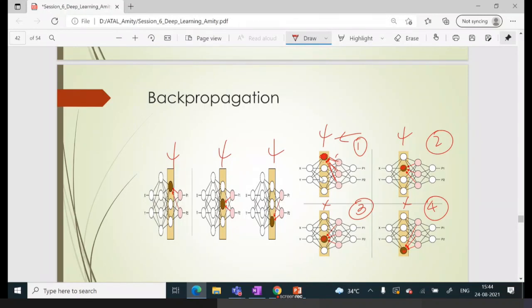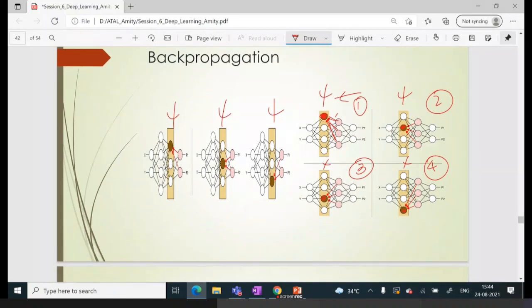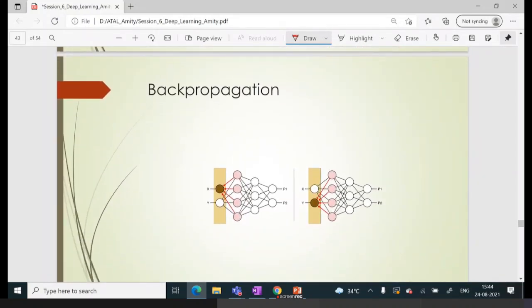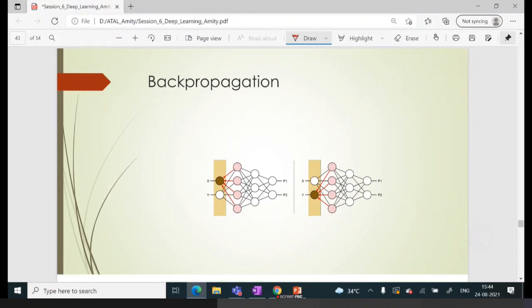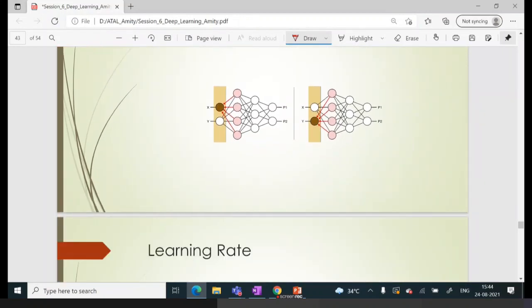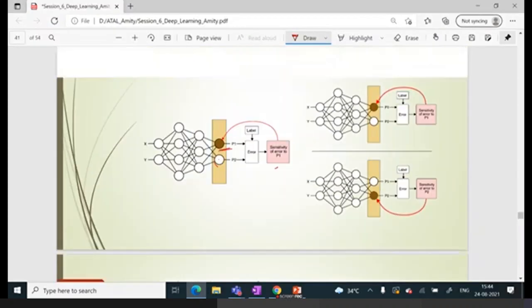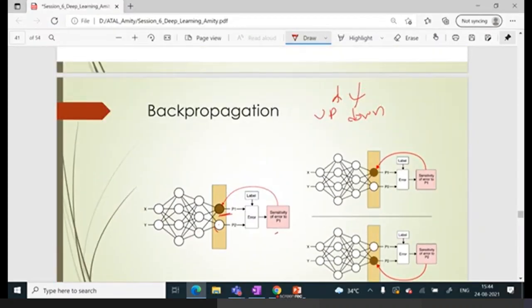We can use GPUs and get good results in terms of time also by allowing parallel processing of these processes. And finally, the information regarding error will also reach the neurons present at the very first level, and accordingly the adjustments will be done.